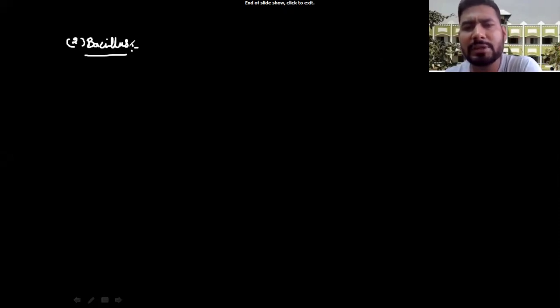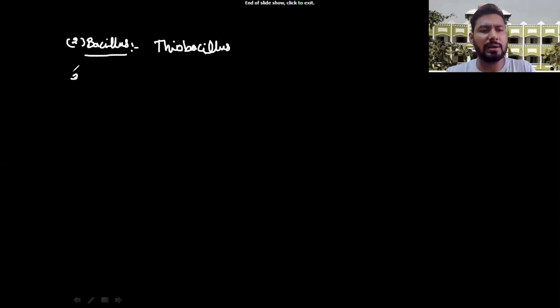Staphylobacillus means the rod-shaped bacteria are present in the form of a bunch. So bacillus means rod-shaped bacteria. The example is Thiobacillus, I am writing it here. Thiobacillus.